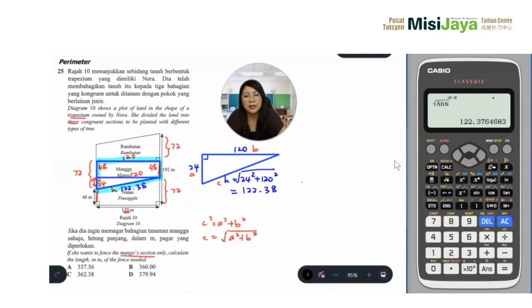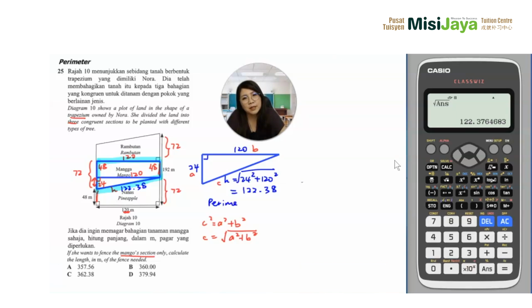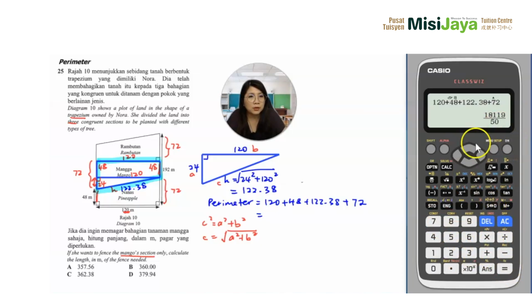Let's calculate. What is the perimeter? The perimeter is 120 plus 48 plus 122.38 plus 72. Okay, this is in fraction, so you have to change it to decimal.